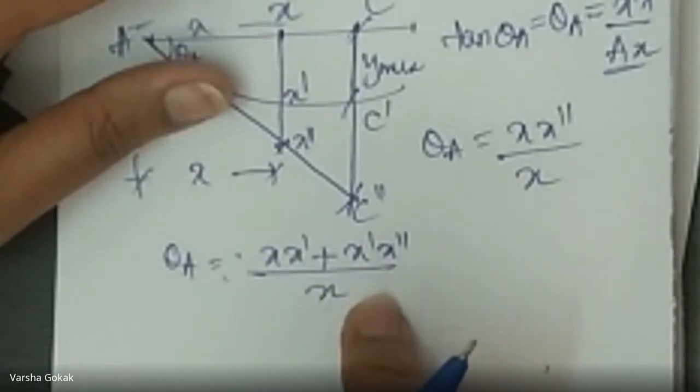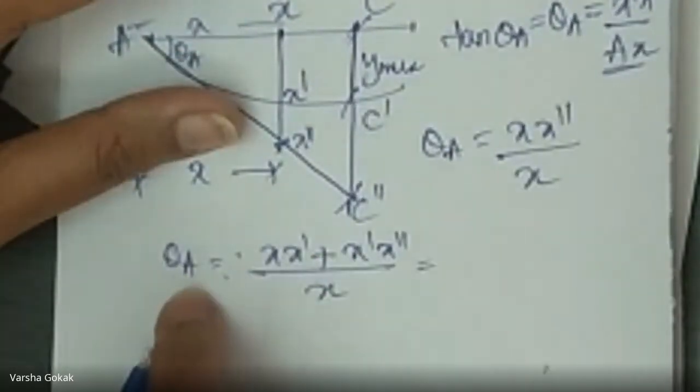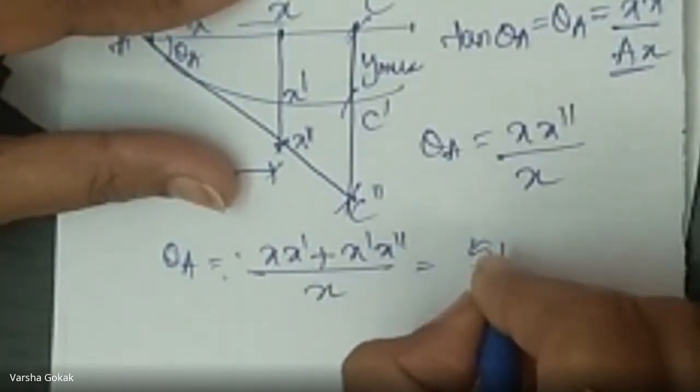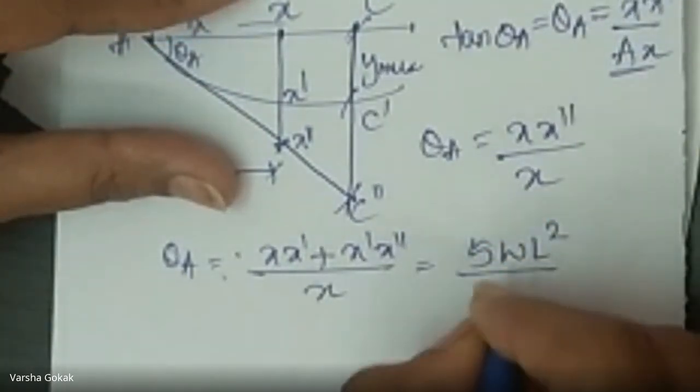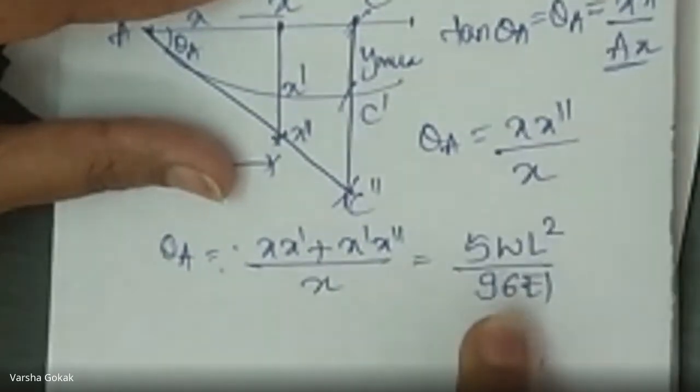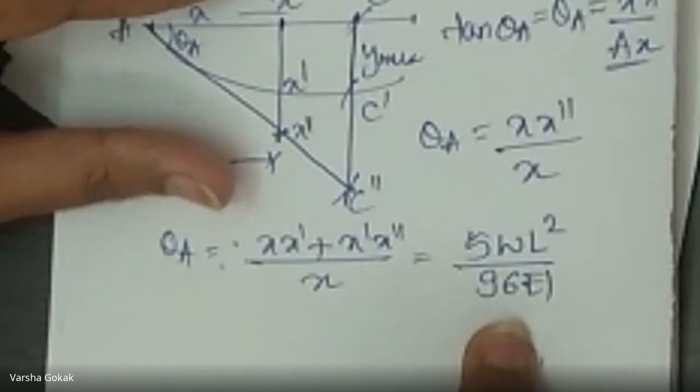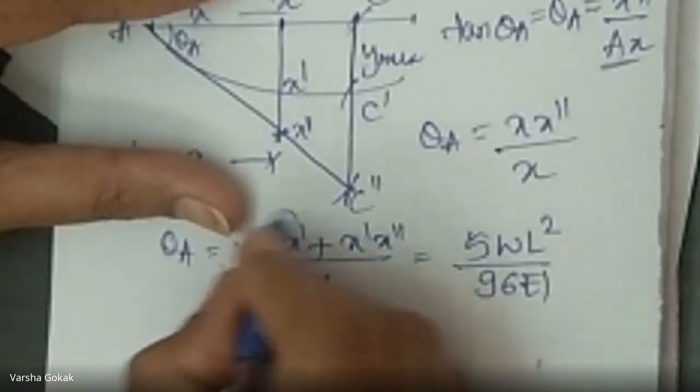Okay, you will get this equation. What is this? This is theta a. What is theta a value? We know the theta a value. It is 5 times of W L square divided by 96 EI. We have already obtained theta, you know. We'll make use of that. So this is nothing but equal to this. Now in this equation, this is important to me.